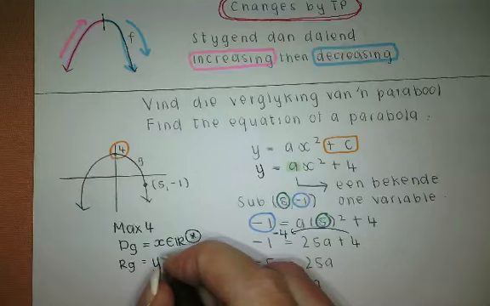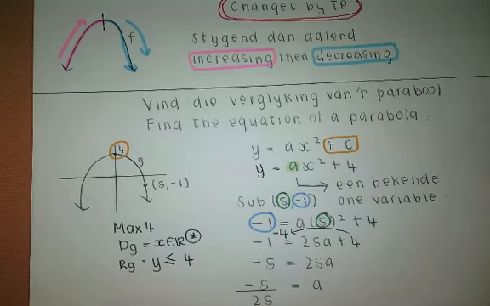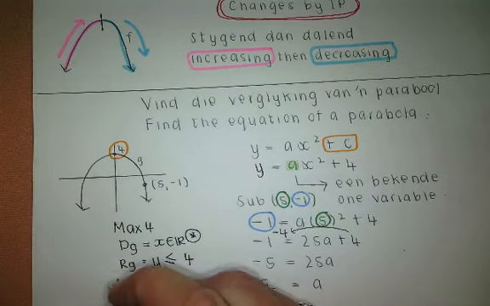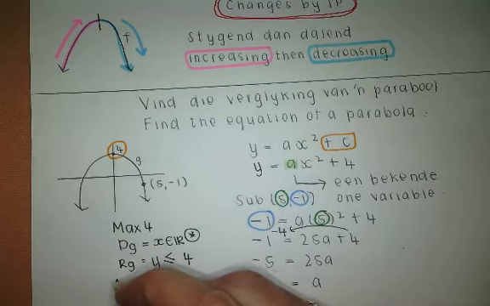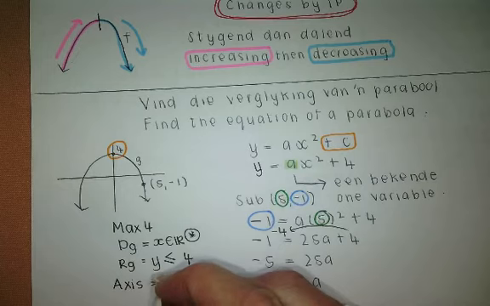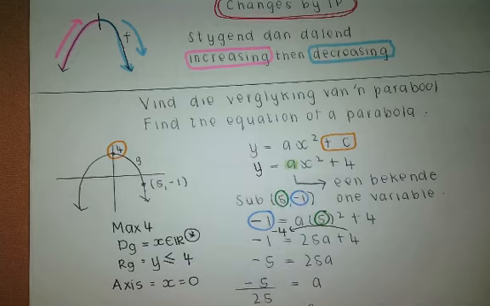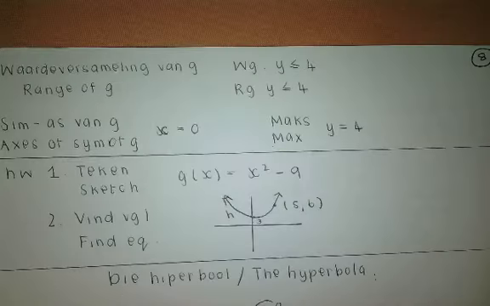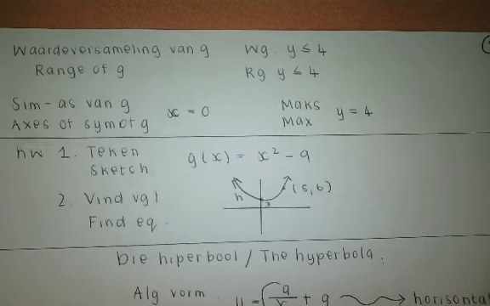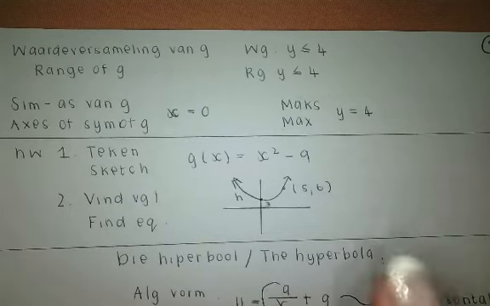Then it's going more towards the negative side. So y must be less than or equal to 4. Another thing, what is my equation of the axis of symmetry? Thank you, I heard it. My axis of symmetry is x equals 0.